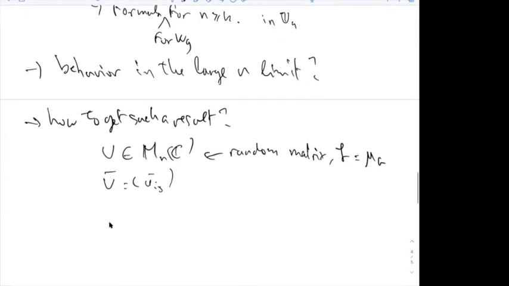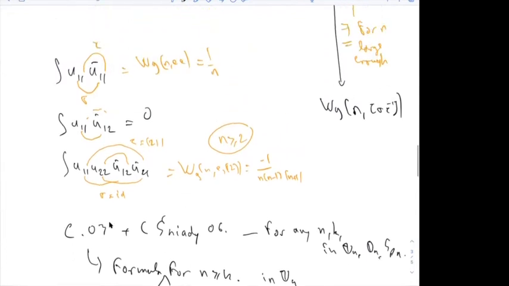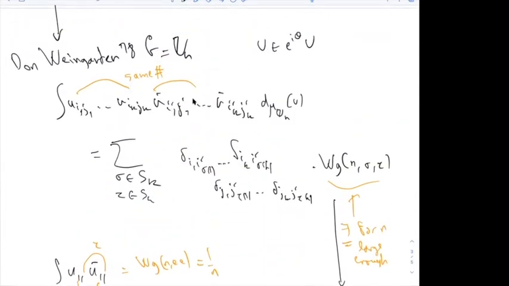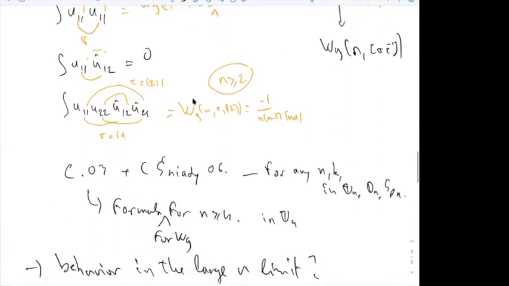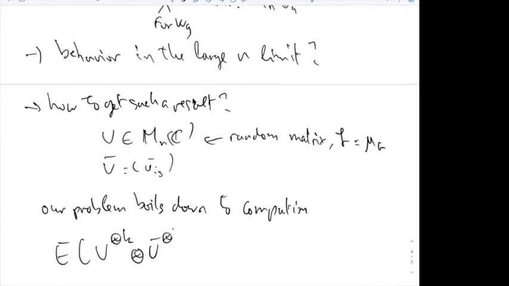Now, our problem of integrating, of computing such functions, boils down to computing the expectation of U tens k tens U bar tens k prime, which is a matrix in Mn of C tens k plus k prime.